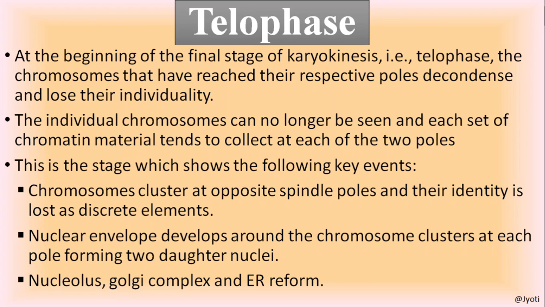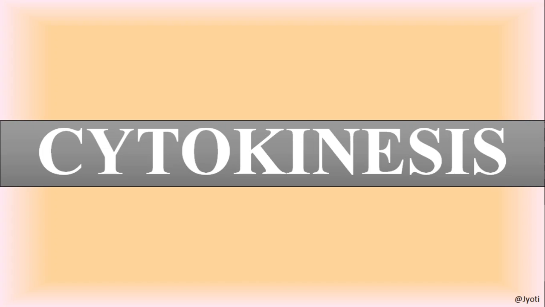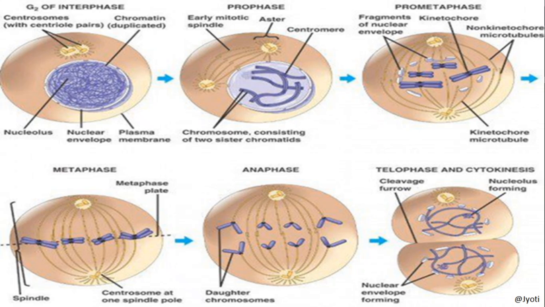The nucleolus, Golgi complex and endoplasmic reticulum, which disappeared during prophase, also reappear during this phase. Towards the end of telophase, the division of the cytoplasm starts, and that is called cytokinesis. Let us see the picture.